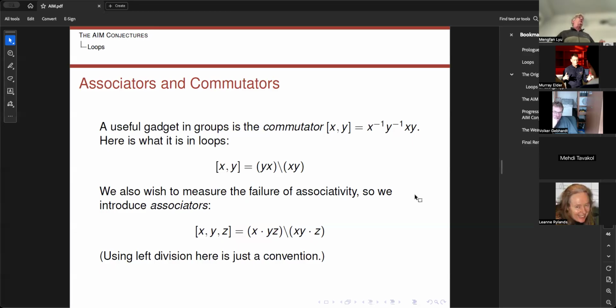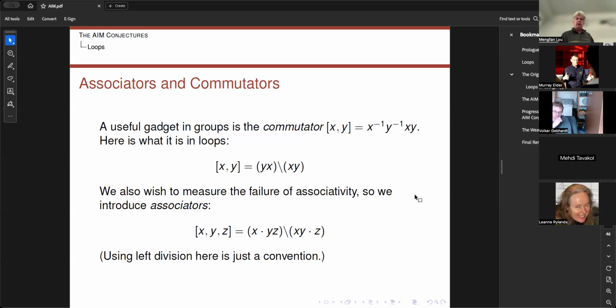But now we are in the non-associative world, so we also want to measure non-associativity. So here is a gadget that has no analog in group theory, namely an associator. We use the same convention using left division, just because that's what everybody does. There's no special reason to use it. It defines a term, and that term being equal to the identity element or not tells you whether the three elements plugged into it associate or don't.